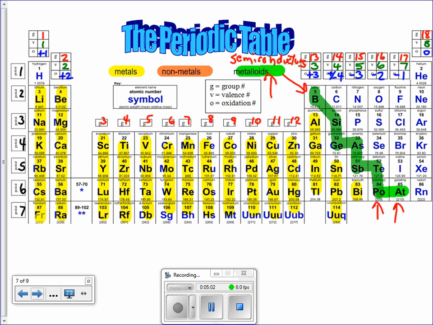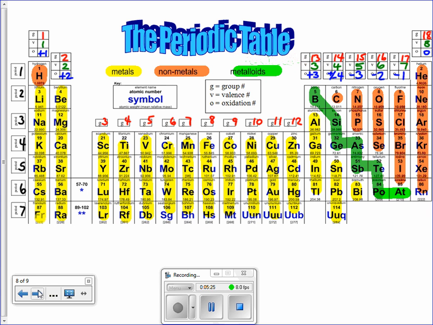These may or may not be considered semiconductors or metalloids, depending on the book that you have or the teachers that you have. But these are all universally considered semiconductors or metalloids. So please pause that and take a moment to color that in.